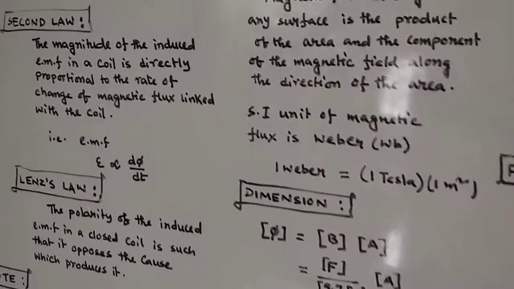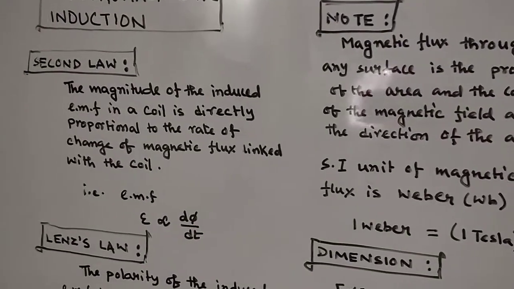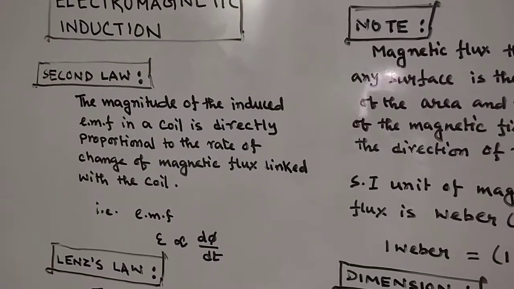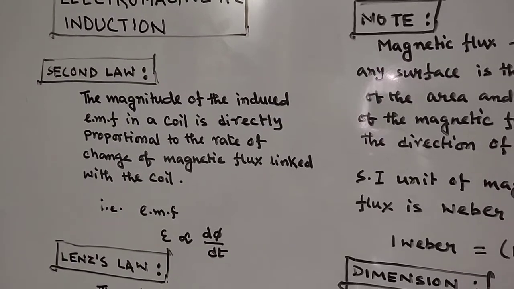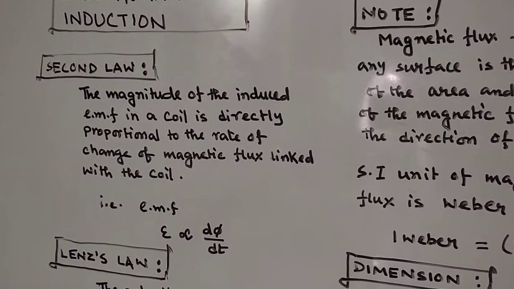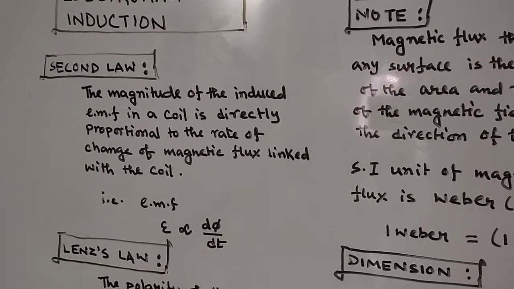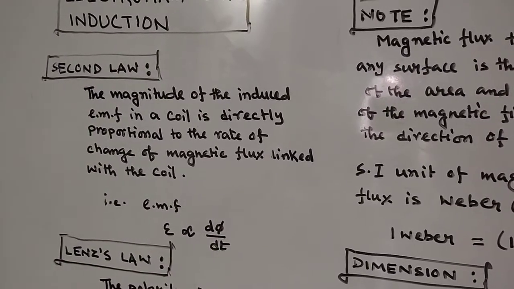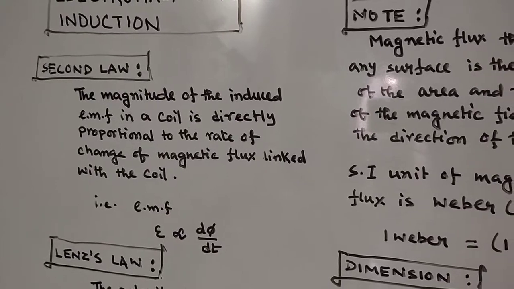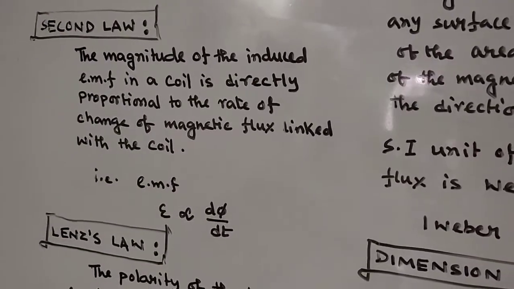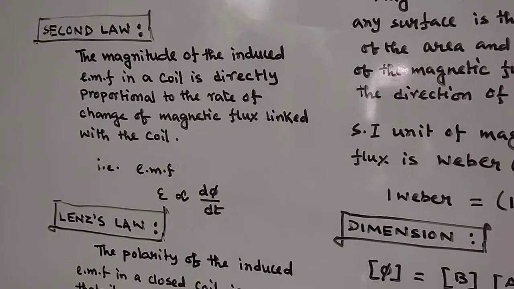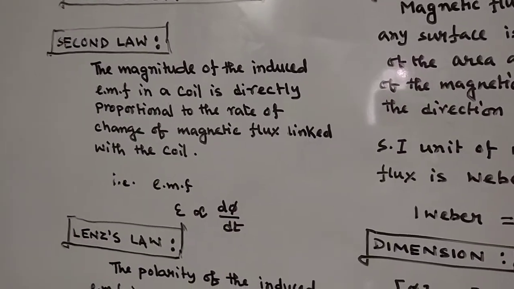And the second law, which is very important because the coming topic is based on it: the magnitude of the induced EMF in a coil is directly proportional to the rate of change of magnetic flux linked with the coil. It means the more the rate of change of magnetic flux linked with the coil, the more the induced EMF. That is, induced EMF E is proportional to d phi by dt, where d phi by dt is the rate of change of magnetic flux. This is the second law.